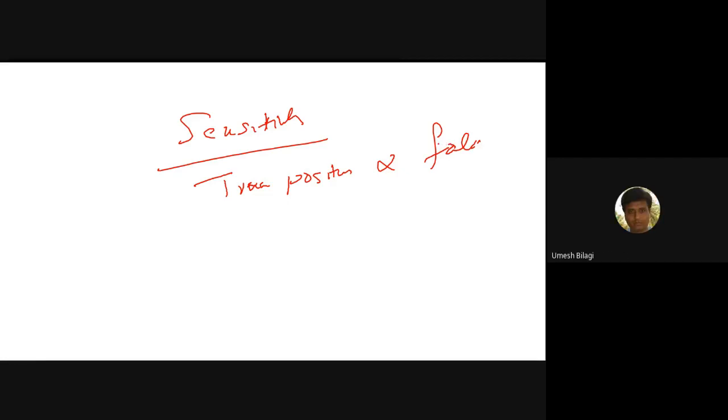Let me put it more like this. A test which has high sensitivity, what does it mean? It should pick up all, or most at least.